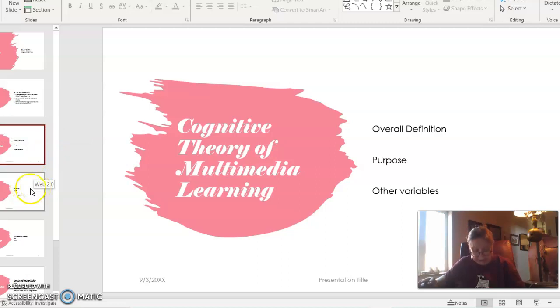And the other variables, one I already mentioned, is content overload. You don't want too much in your PowerPoint or in your presentation. You just want to hit the highlights. Also, clarity. You want to make sure things are said clearly. Speed of the speech should be normal, not too slow, not too fast.